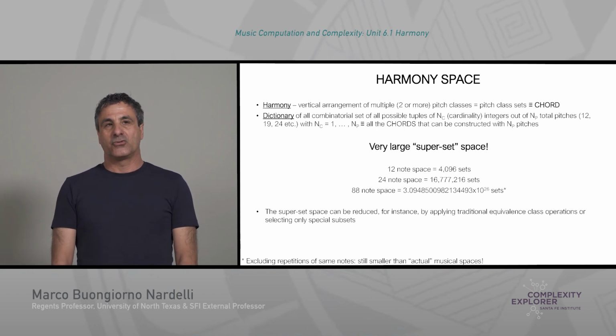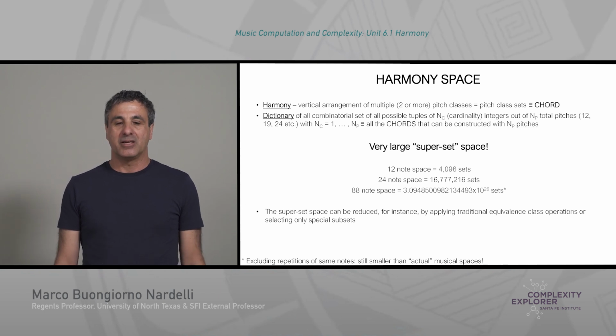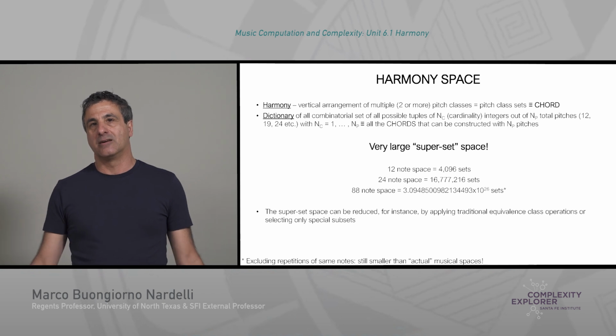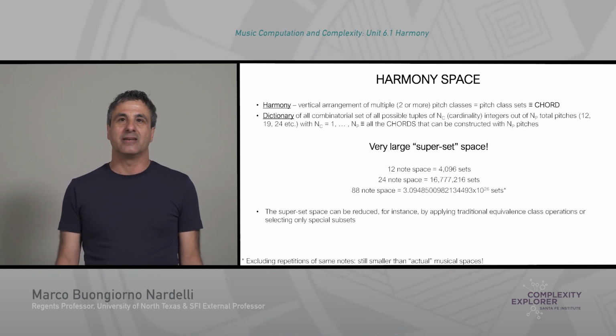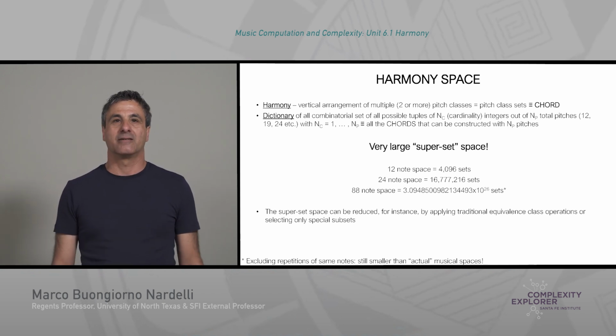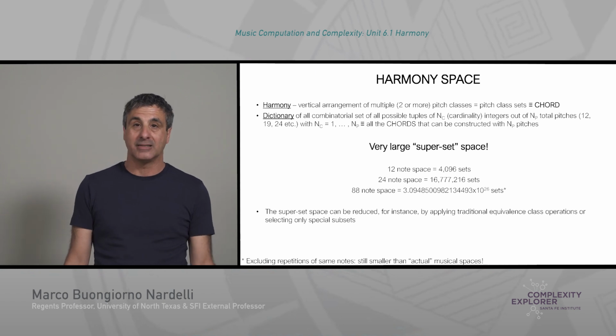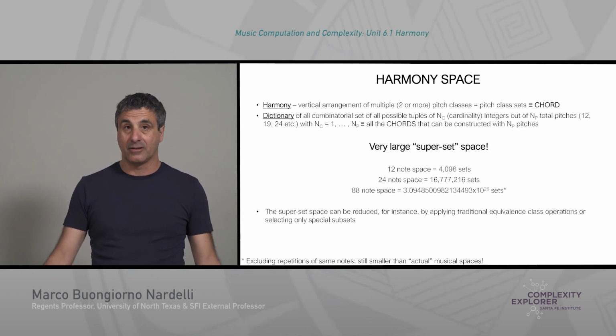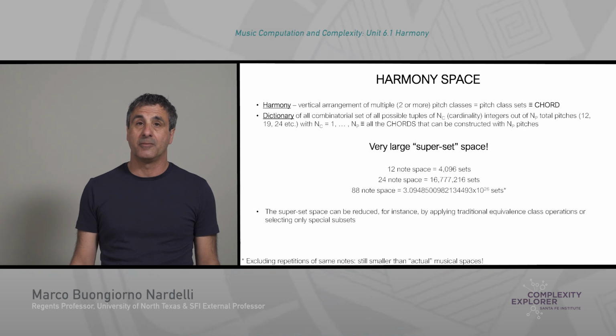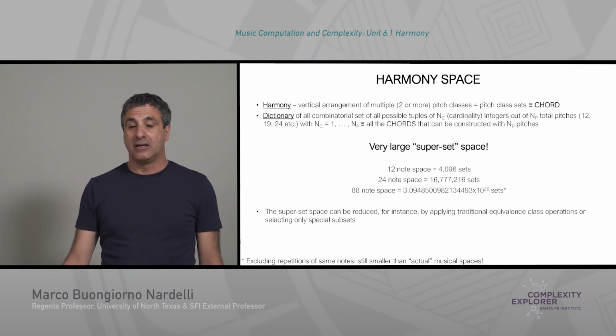Now, this very large combinatorial space can be reduced by operations that take into account the equivalence of pitches, so that every C on the keyboard is actually one single entry in this large combinatorial space.